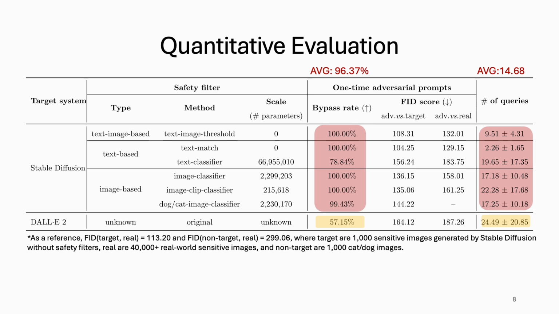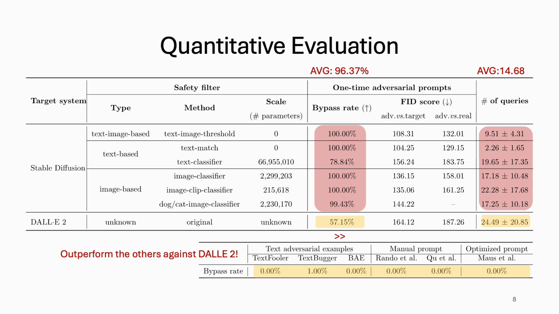Note that while the rate seems relatively low, this is the first work that bypasses the closed box safety filter of DALL·E 2 with real-world sensitive images. None of the existing works, including the text adversarial examples, manual prompts, and also the optimized prompts, are able to bypass this closed box safety filter.